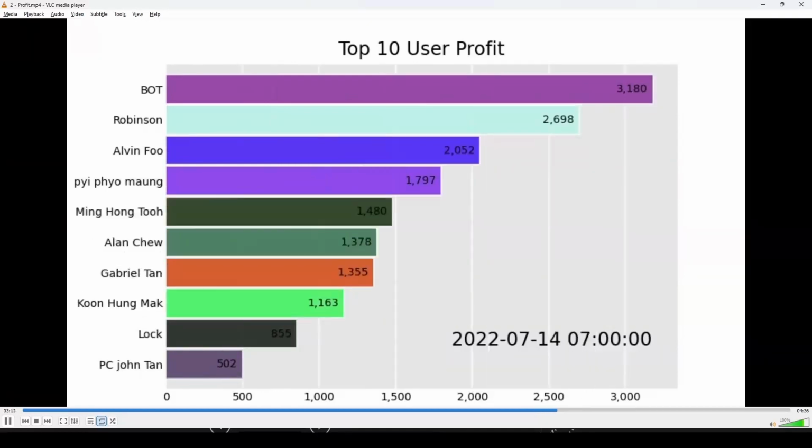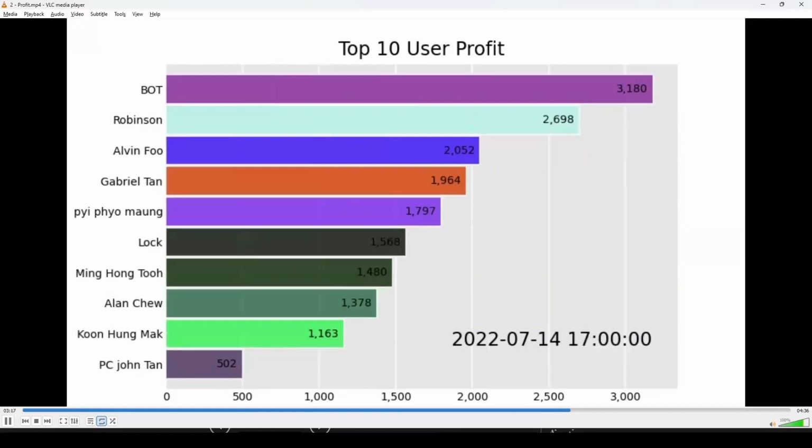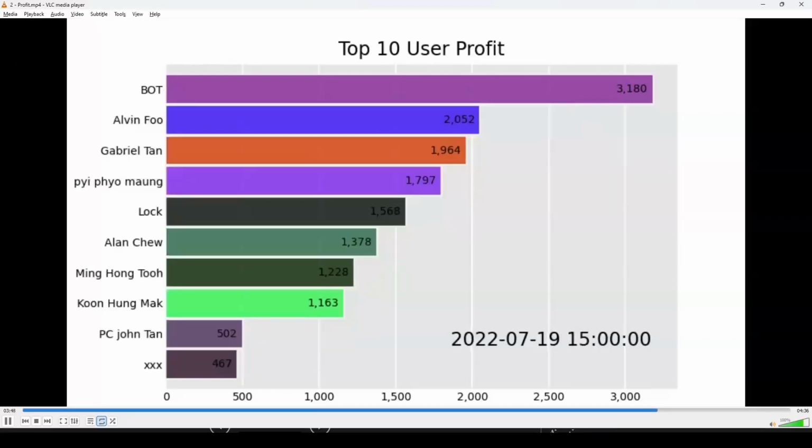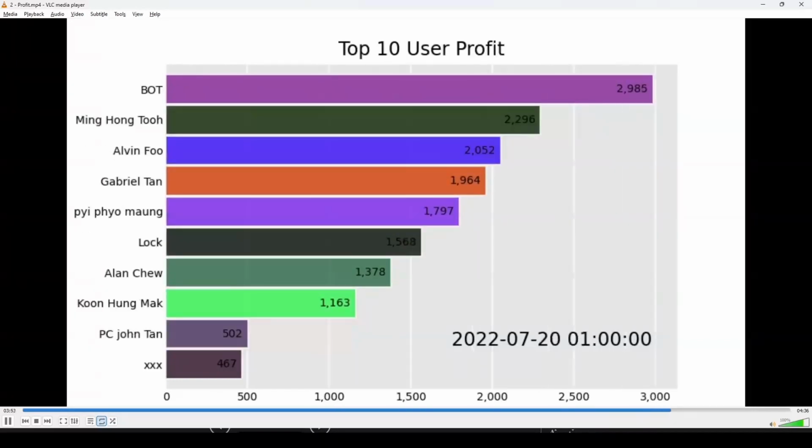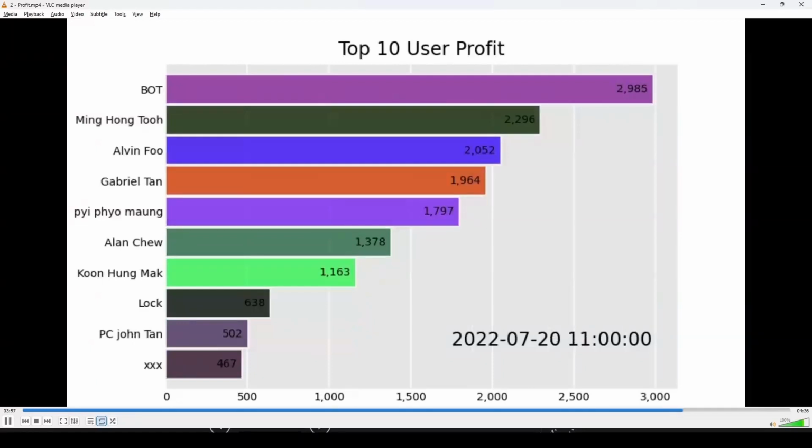Robinson still at the top. Minhun, Alvin, Gabriel, Allen again, Kun Hui Mak, Lock, John Tan.